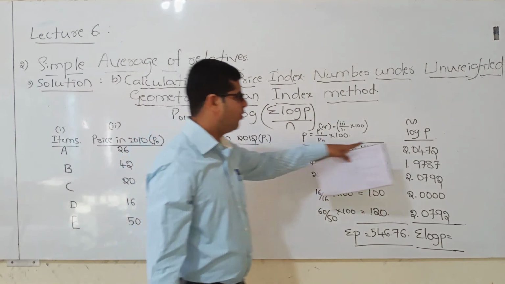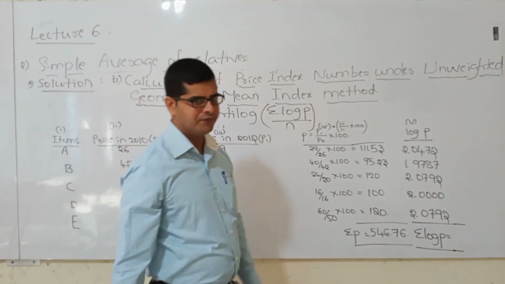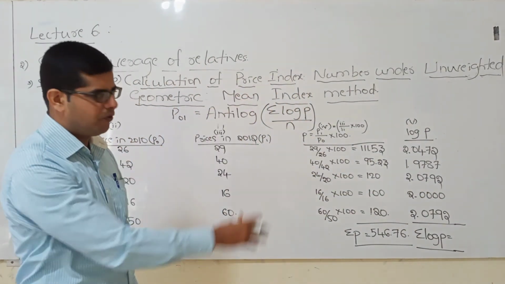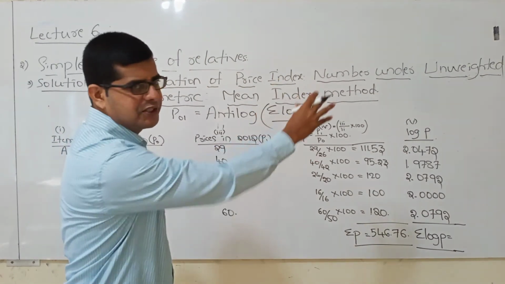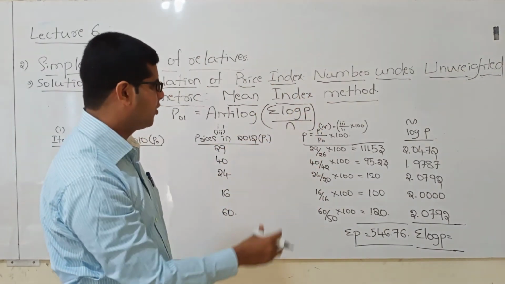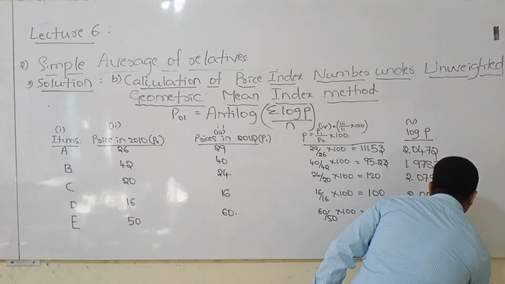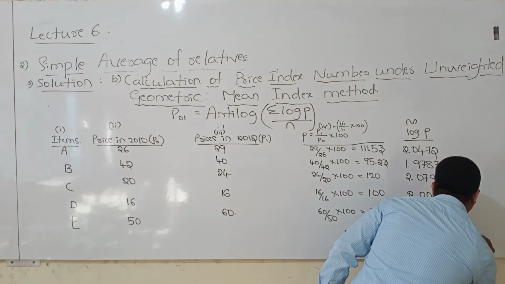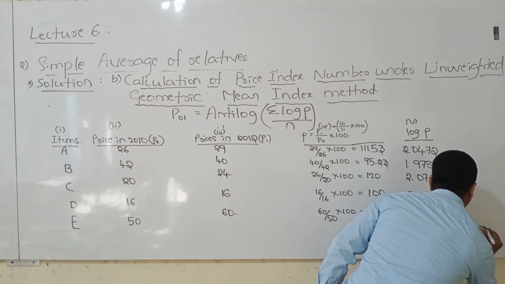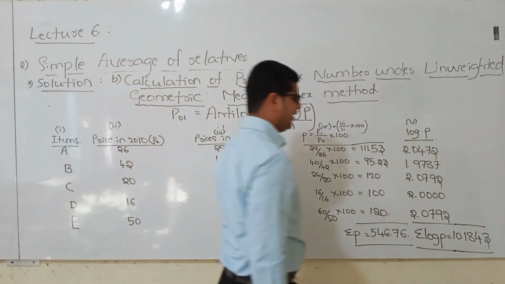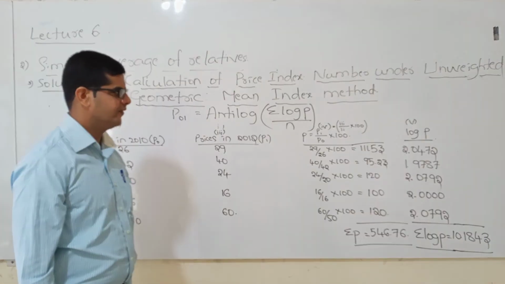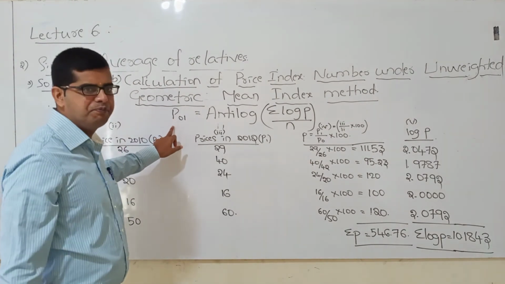We calculated log values of all these P. So once you get the total of all the values of the last column, we get summation log P, that is 10.1843. Okay, so what are the requirements now?